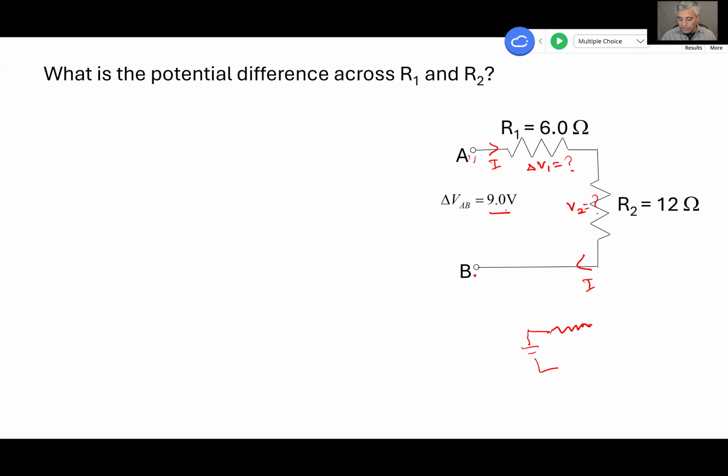So this is 9 volt, and this 9 volt has to spread over those two. How do you find that? Just like we did before, we want to find the equivalent resistance. Delta V1 is I times R1.